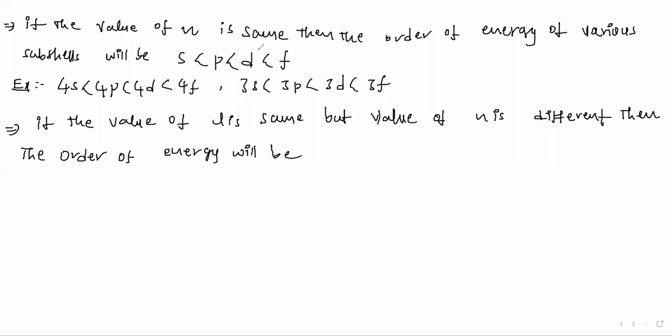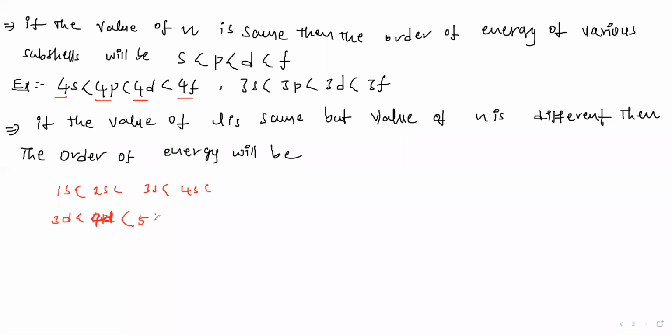Here what they are asking is, in the first condition n value is the same and l value is different. In this case, l value is the same and n value is different. In that case, 1s is greater than 2s is greater than 3s is greater than 4s, like this. Or 3d is less than 4d, not greater than, less than.